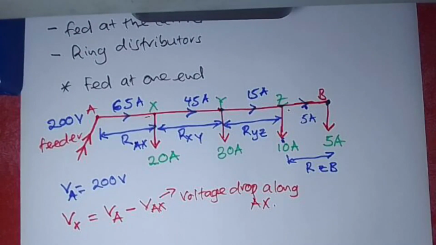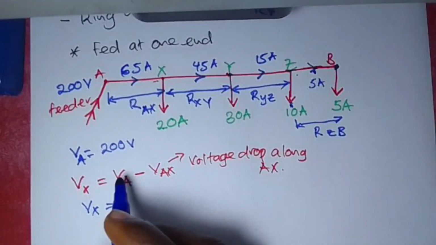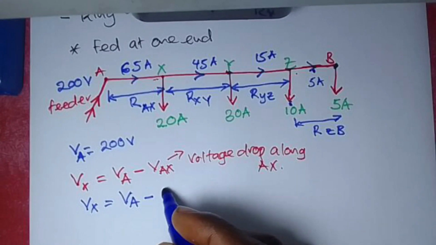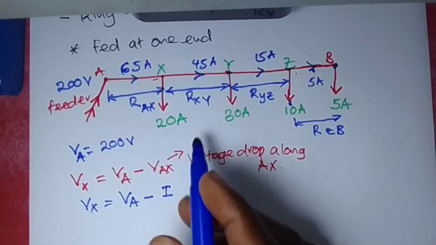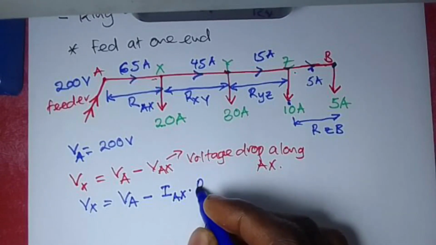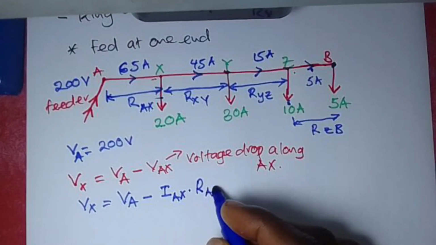So if that is corresponding to the voltage drop along AX, remember, voltage drop can be calculated in terms of current and resistance. So this VX can be given by VX is equal to V at point A minus I, the current flowing through AX, times the resistance along this point here, which is RAX.